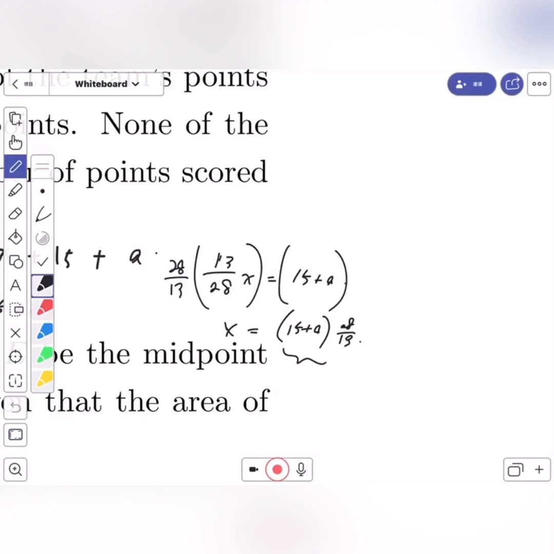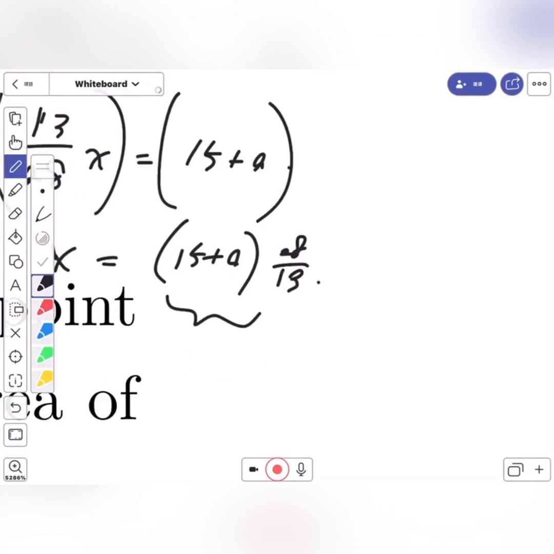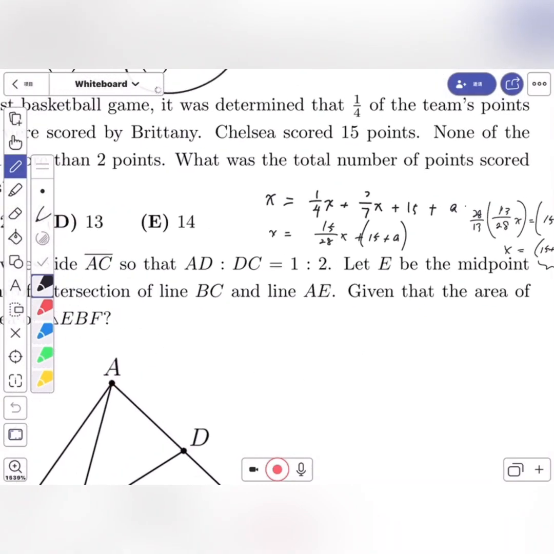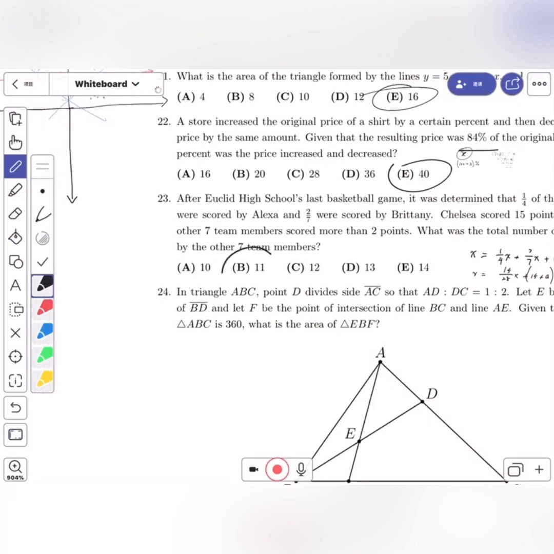And 15 plus a is going to be a multiple of 13. Well, 15 is already larger than 13, so the next multiple will just be 2 times 13, which is 26. And a cannot be negative, obviously, so we know that 26 is the least. So a would just be 26 minus 15, which is equal to 11. So our answer choice will just be B, 11.